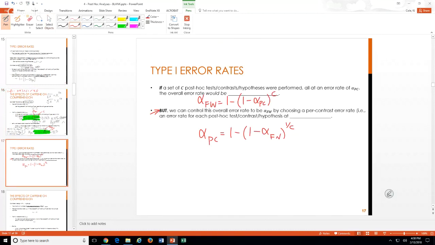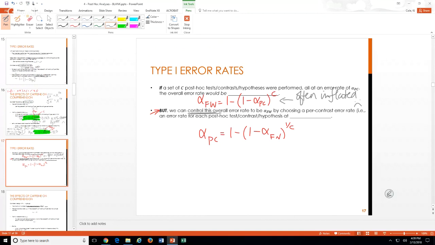So if I say, what is the overall family-wise error rate if you do alpha PC on C, this one is often inflated. And we don't want an inflated type 1 error rate. We want to maintain or control the overall error rate.